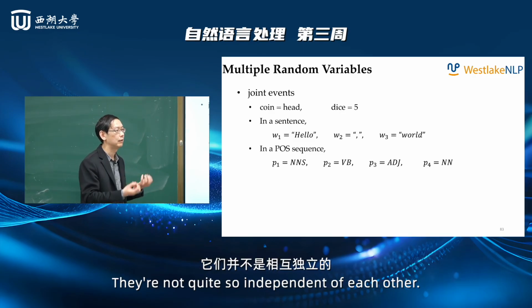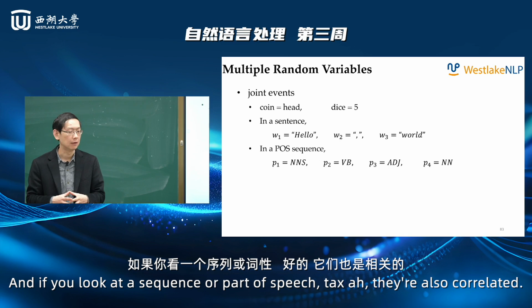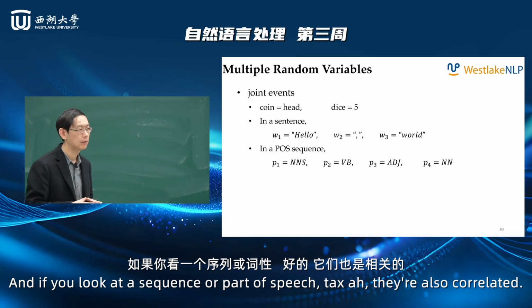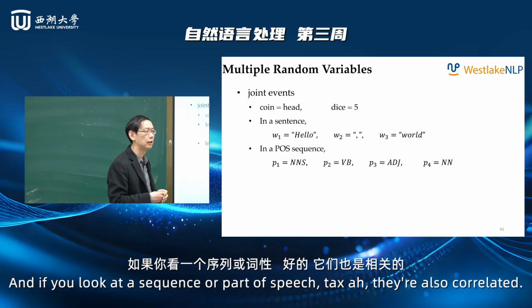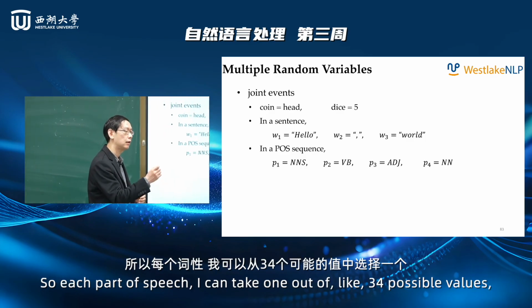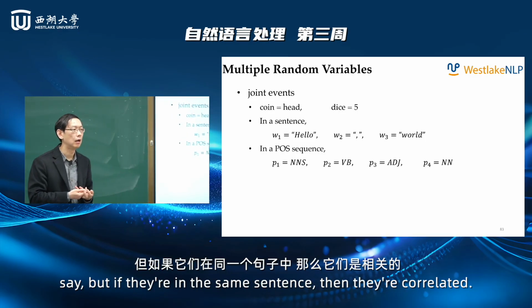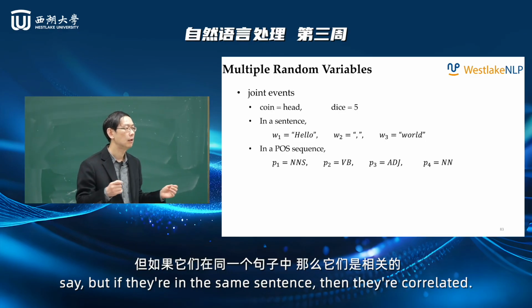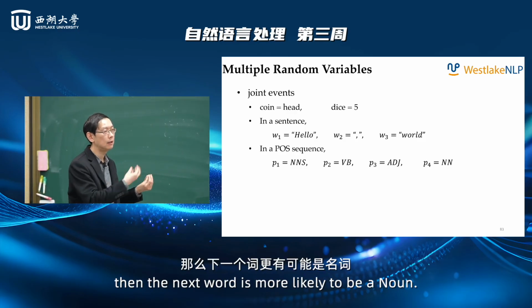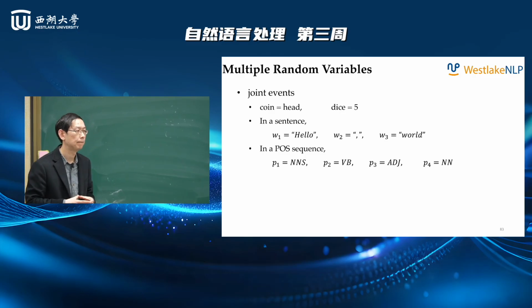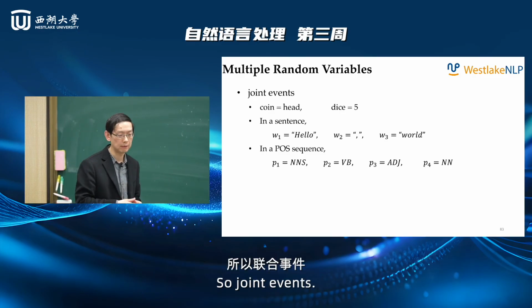They're not independent of each other. If you look at a sequence of part of speech tags, they're also correlated. Each part of speech tag can take 1 out of, say, 34 possible values, but if they're in the same sentence, then they're correlated. If the previous word is a determiner, then the next word is more likely to be a noun. So, joint events.